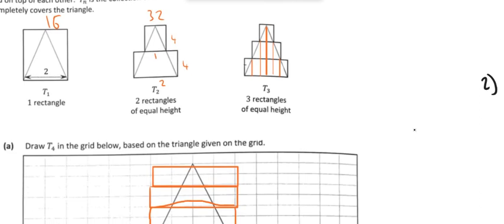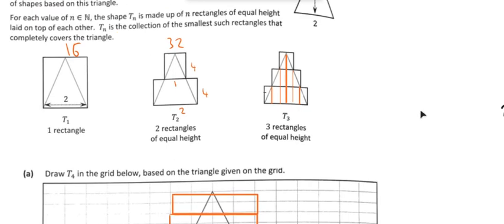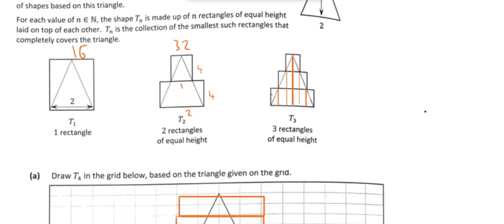So if you look at just T3 here for a second, the height of each of those little rectangles, if you break it up, they should all be the same because it's always the same angle, so the distance from there to there will always be 8 divided by whatever the term is in the sequence. So here it's 3, but it'll always be 8 over n.